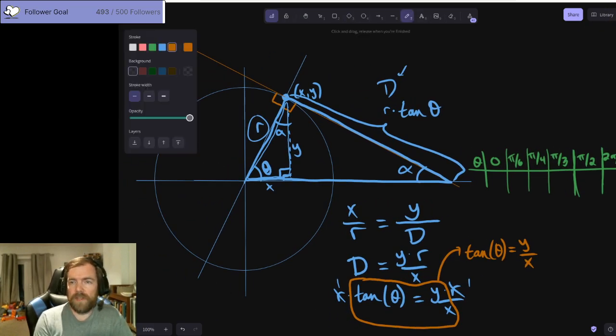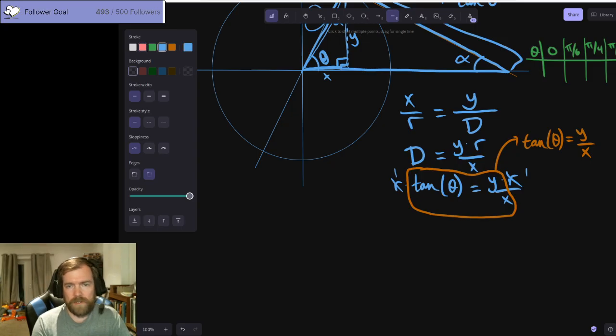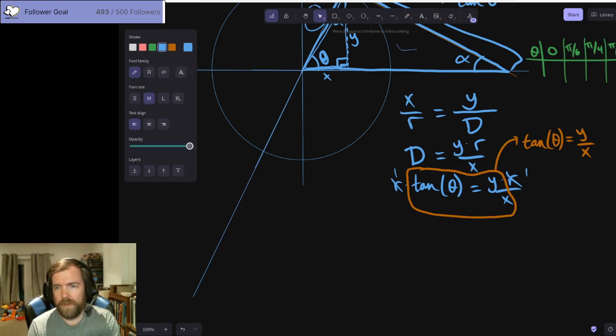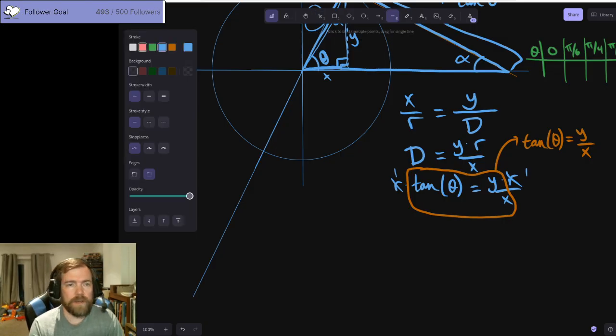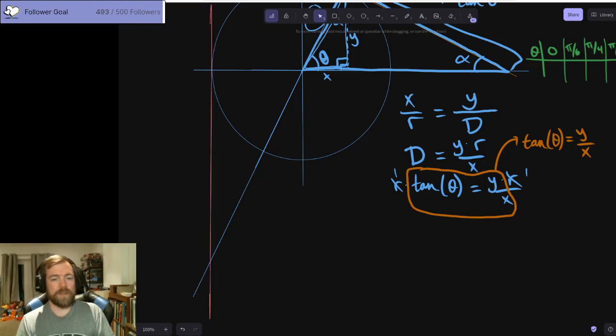The other way to do it is if we were to draw our tangent not as the tangent line to this thing, but rather we extend out this side here as far as we need to, and then we draw a tangent line to the circle vertically.